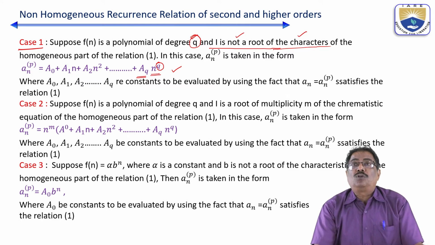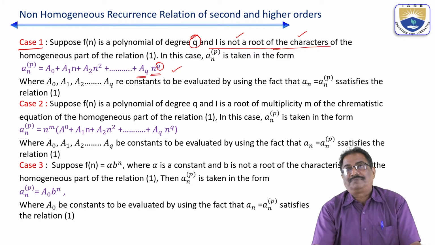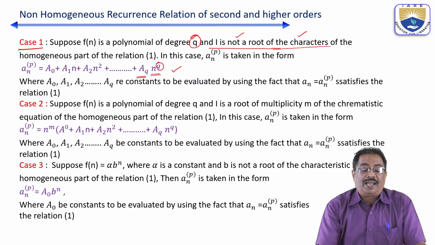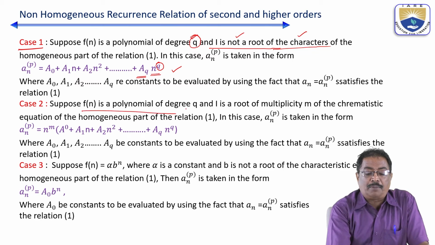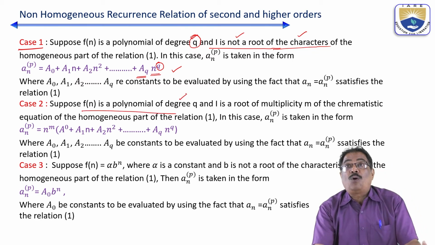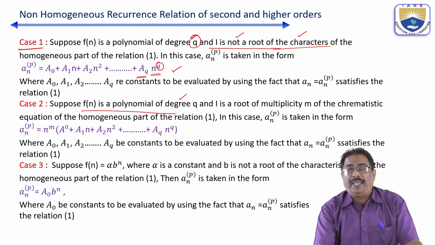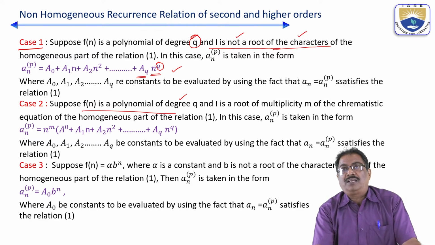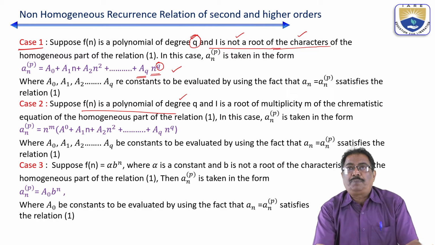Now suppose 1 is a root, and f of n is a polynomial of degree q. If 1 is a root, how many times is it repeated? It may be a simple root, repeated 2 times, repeated 3 times and so on.